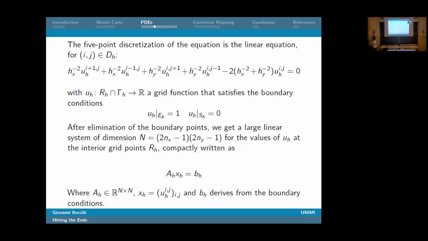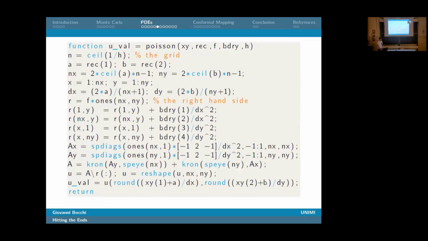Okay, so we define that linear system. In the end, we just need to solve that linear system. There are a bunch of ways to solve it. In particular, we can exploit the fact that A_h is positive definite, which can be useful. For example, here there is a very simple code in MATLAB to obtain the solution.